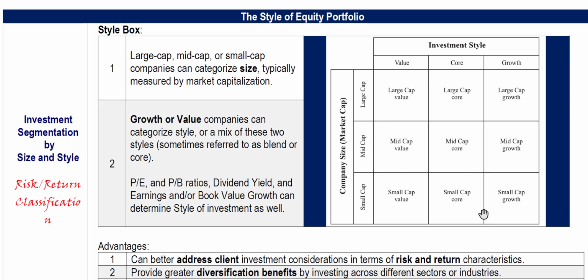We have a 3x3, nine-cell box to talk about different categories of portfolio. For example, we have large cap value. Sometimes over time, the individual stocks inside each portfolio, and here we've got 9 portfolios, could change as time goes by.